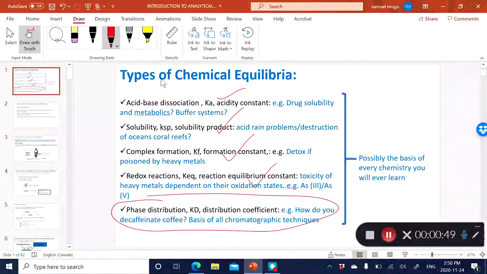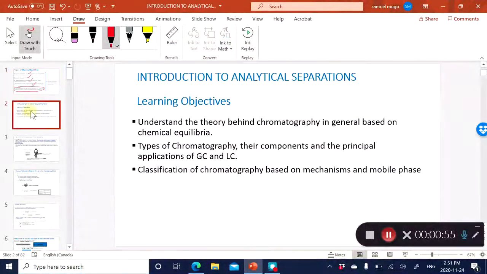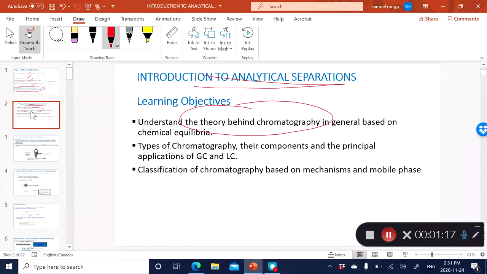And as the slide shows, phase distribution equilibria is the basis of analytical separations. So in this lecture, I'm going to introduce you to analytical separations. And the learning outcome that I hope you achieve out of this chapter is to understand the theory behind chromatography based on distribution equilibrium.